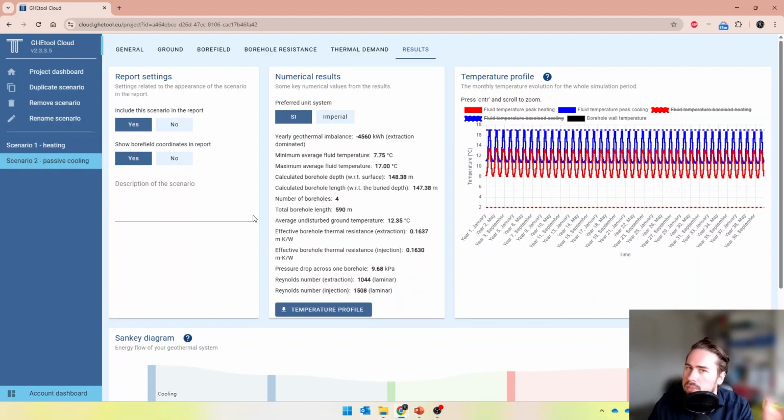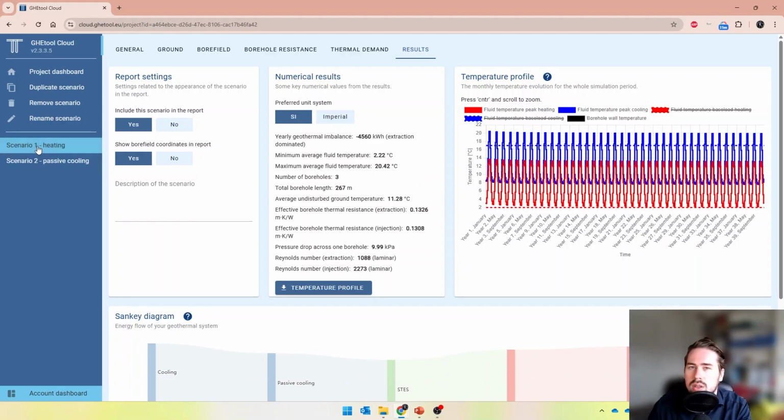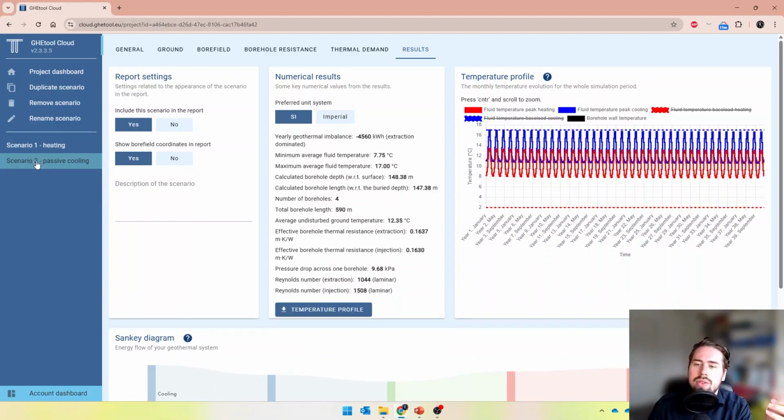So how come? Well, first of all, we have a couple of effects. The ground temperature in this case is 12.35, where here it is 11.3, let's say. So it's 1 degree warmer, meaning that all the lines shift up by 1 degree, making it harder to cool, which is why we also need more borehole length.